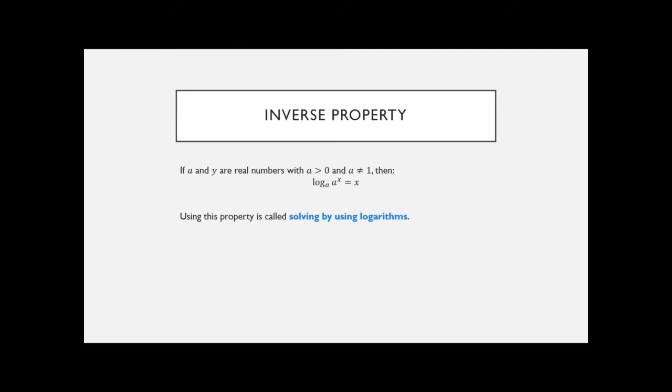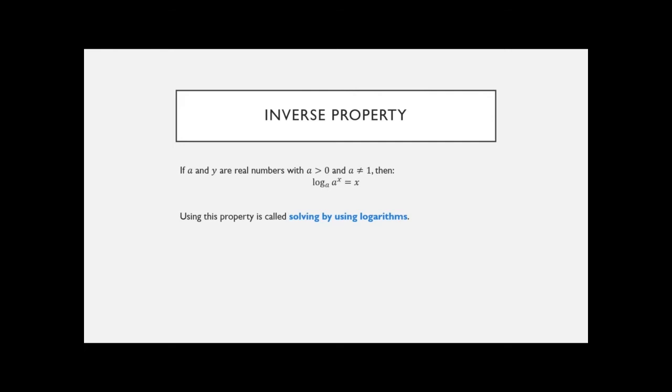And the thing about this property that's important is that if the base of the log is the same as the base of the exponent, they cancel out and you're left with whatever, let me say that again. If the base of the log is the same as the base of the exponential, then the bases cancel and you're left with the exponent. That's basically what the inverse property says.